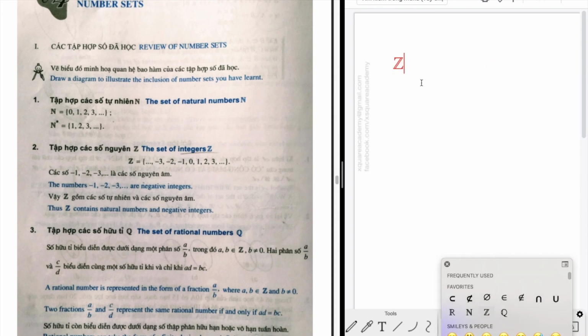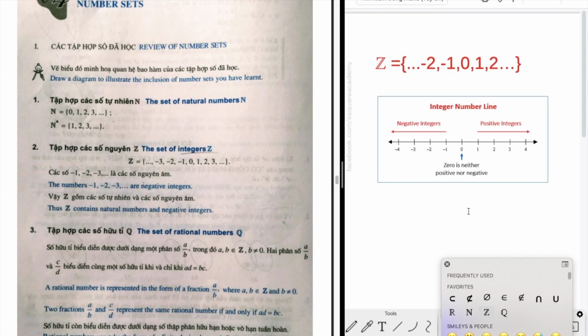You can see Z includes negative numbers like -2, -1, and 0, 1, 2, etc. and goes to positive infinity. This is the integer number line. It includes negative numbers and positive numbers, but 0 is neither positive nor negative.